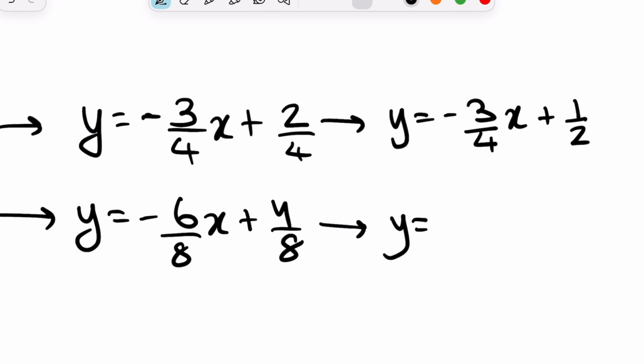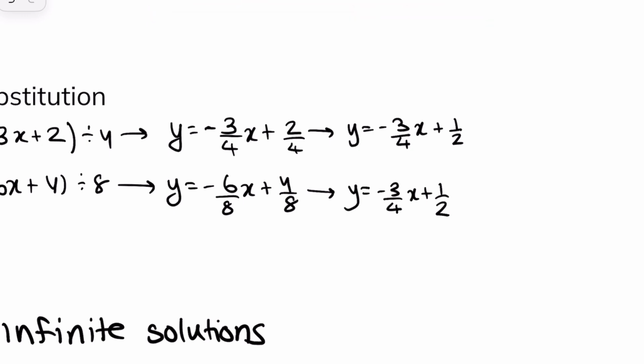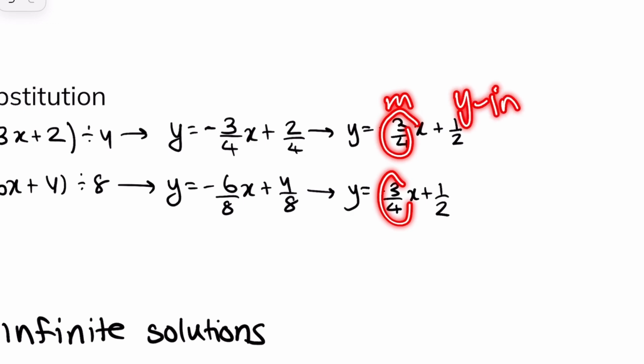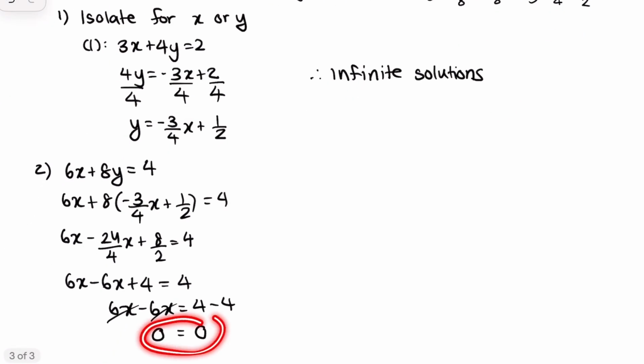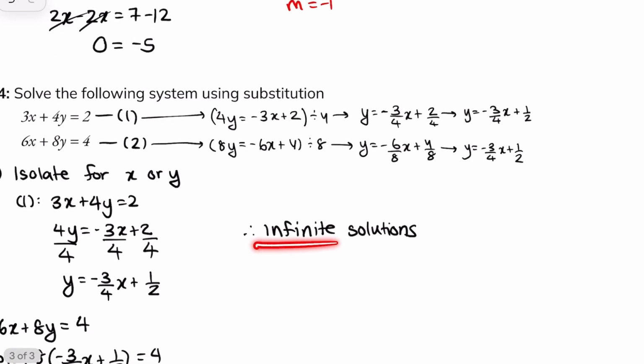And this is also y is equal to negative 3 over 4x plus 1/2. And oh my god, look at this. They're the same equation, right? Same slope, negative 3 over 4, and same y-intercept, which is 1/2. So mathematically, it makes sense that we got 0 equals 0 because we have an infinite number of solutions.